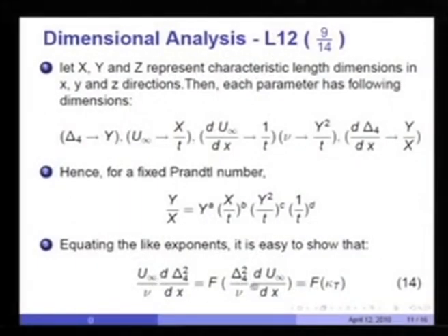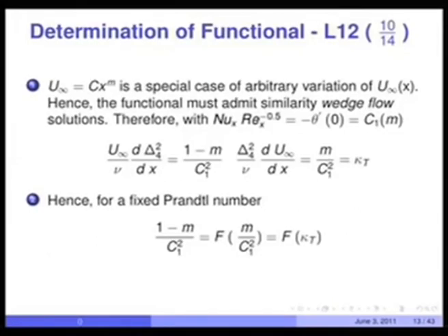So, we have a relationship very similar to what we had in the integral momentum equation, and therefore I can evaluate both these quantities from the similarity solution u infinity equal to C x^m, which is nothing but a special case of arbitrary variation of u infinity, and the functional must admit similarity wedge flow solutions.